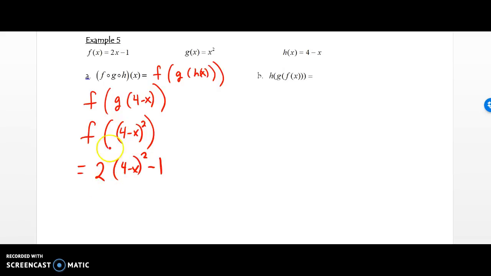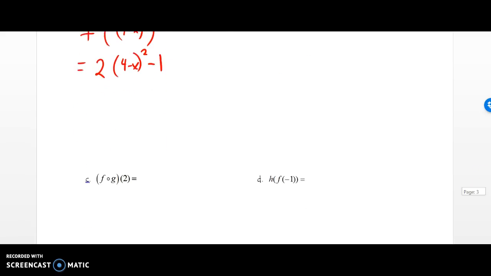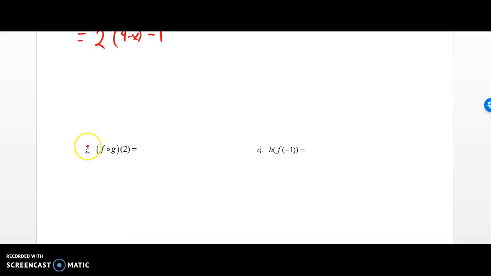Function f says we take 2 times it and subtract 1. And you could just leave it in this form, or you could expand it. But we won't spend a lot of time with the composition of 3. I am also going to assign C for homework and D for homework.